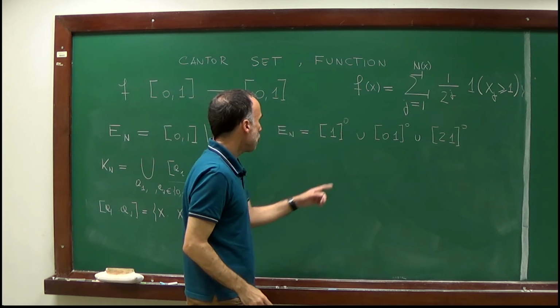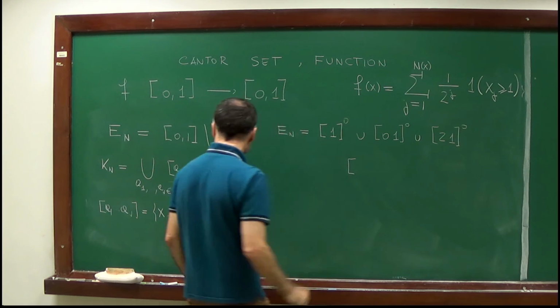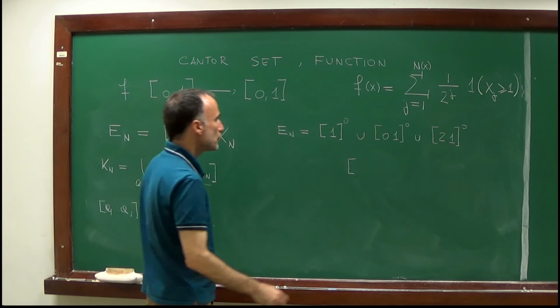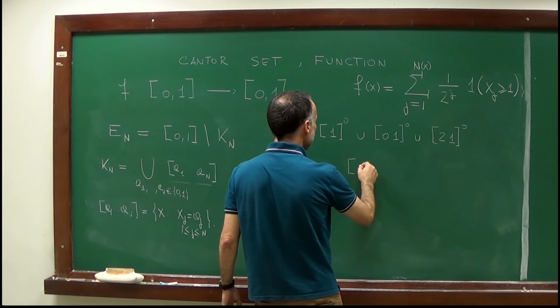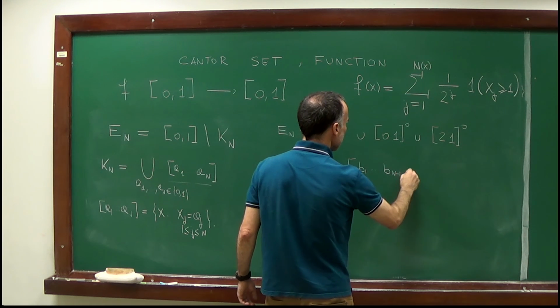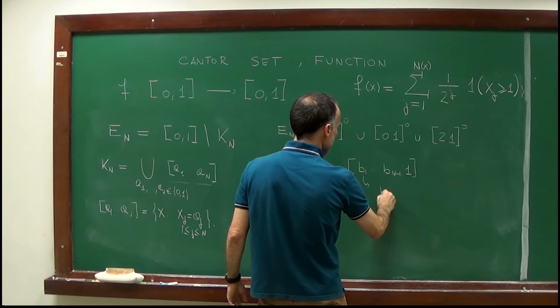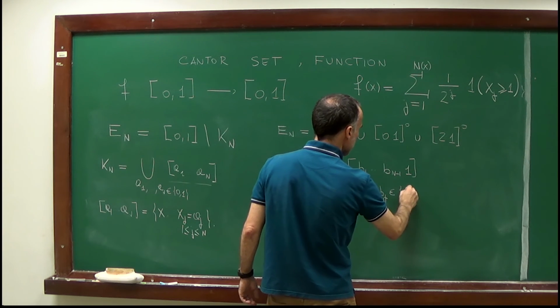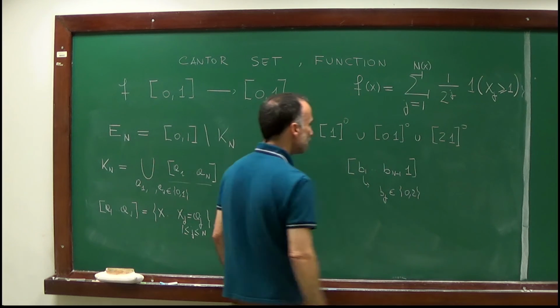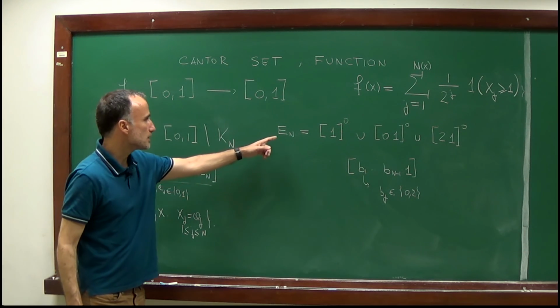So in all these intervals, you go up to the last one, which are points in which you have b_1 up to b_{n-1} and 1, where b_1, ..., b_{n-1} belong to {0, 2}. So this is how you write your set E_n.